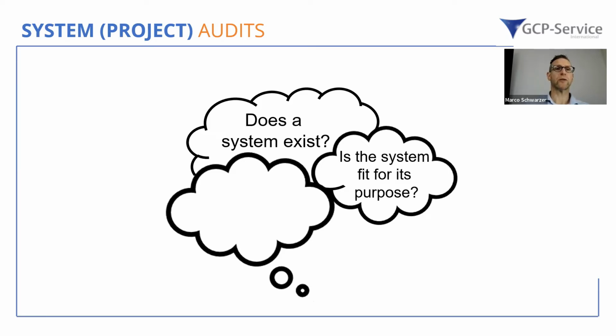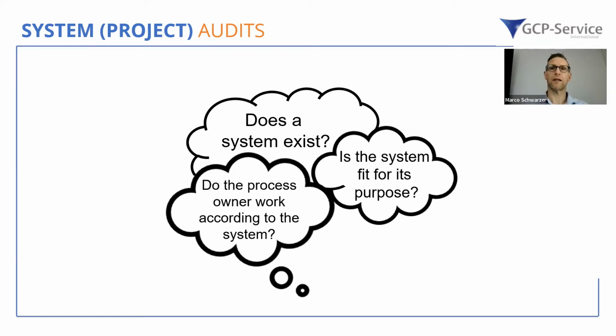The second question to be answered is, is the system fit for its purpose? And speaking about system or project audits, it also has to be clarified, do the process owners work according to the system? So these three questions should be answered during an audit.